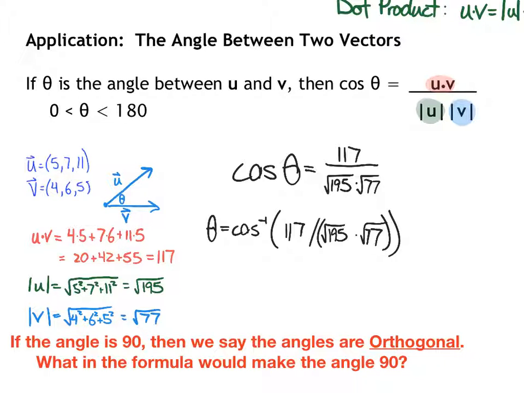And what would that end up equaling? 17.288. So if we do 3 sig figs, 17.3.